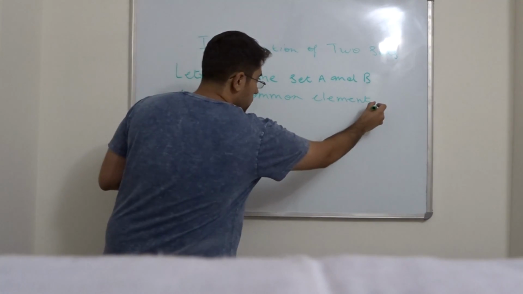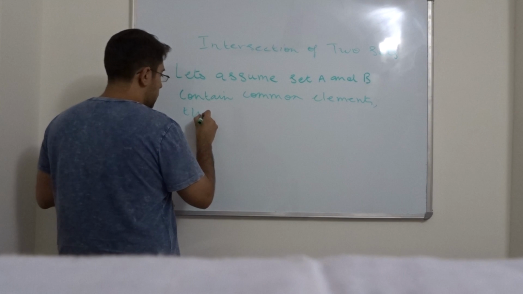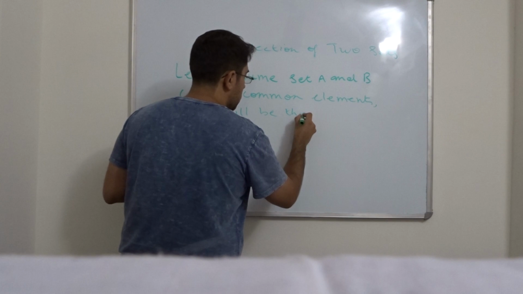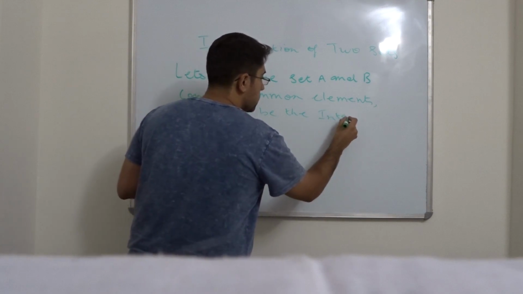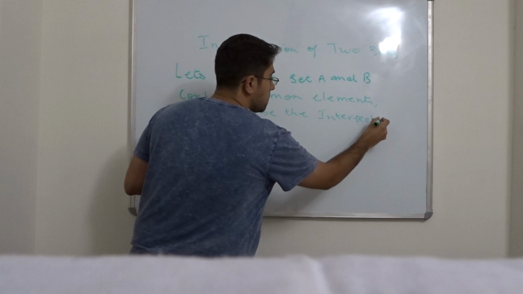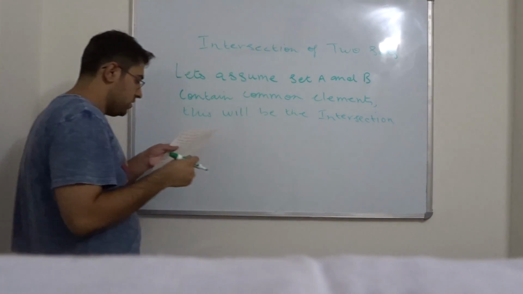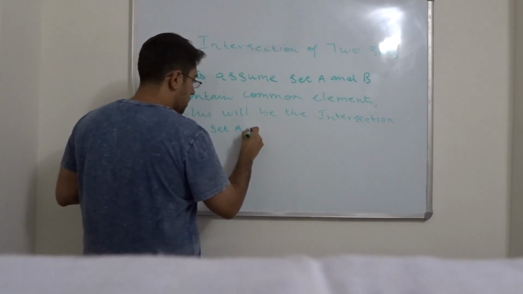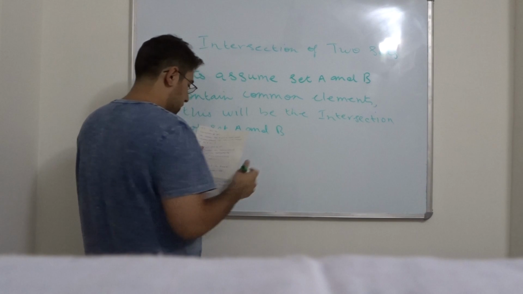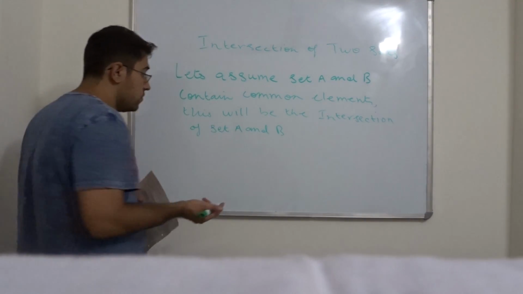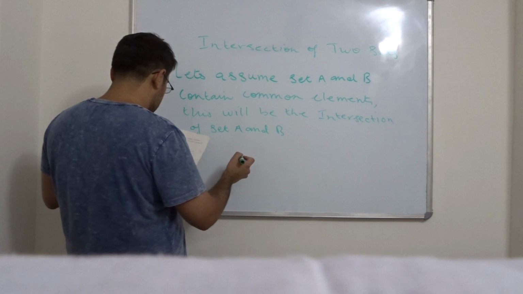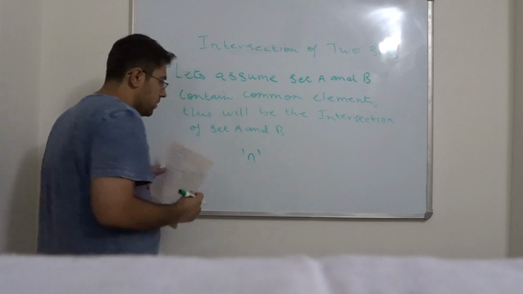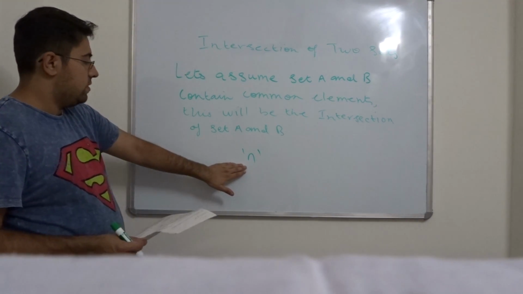Then this will be the intersection of sets A and B. Now the notation for the intersection is this.